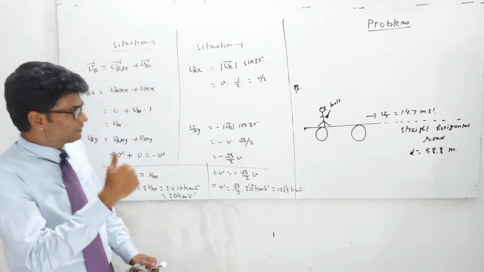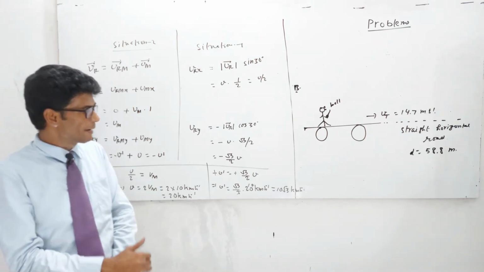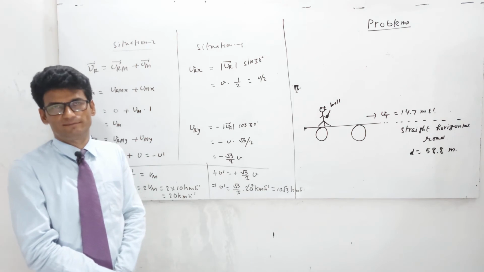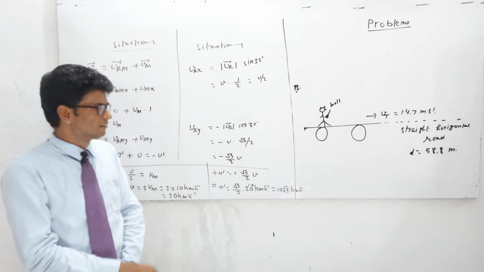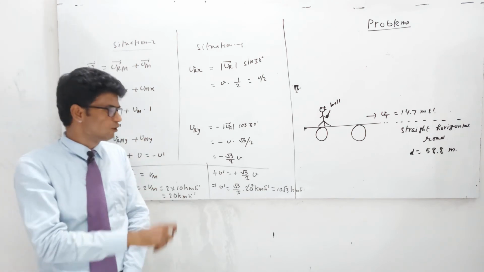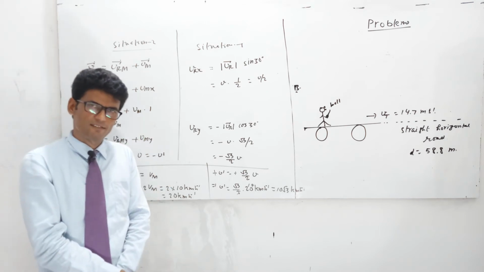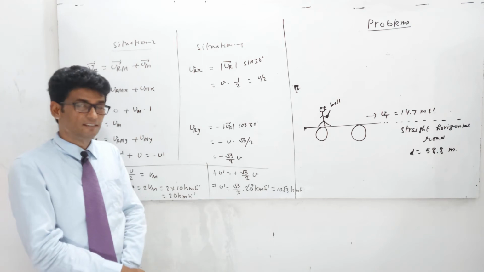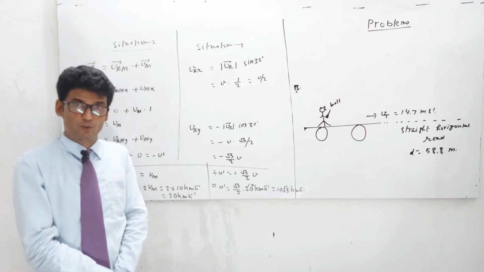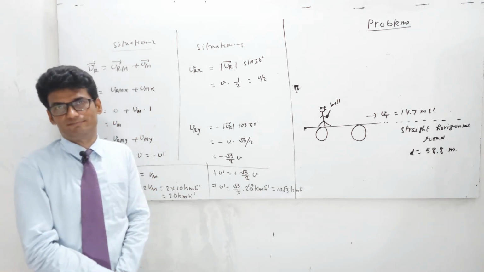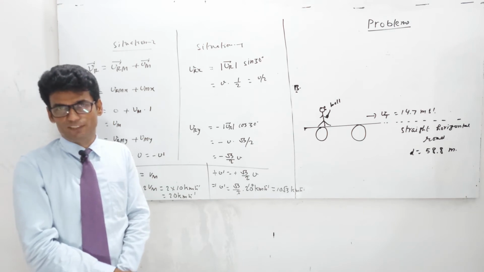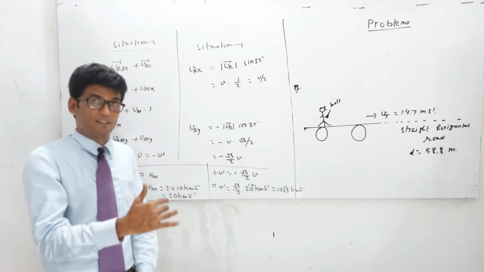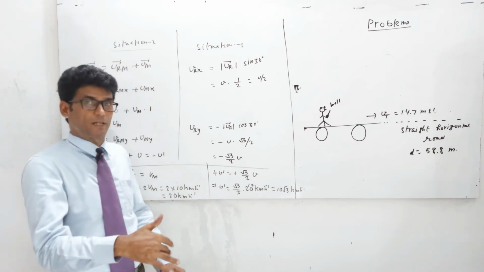Before indulging in that, we have to make certain assumptions. What is the assumption? The height of the person is supposed to be negligibly small, and as well the length of the truck is supposed to be negligibly small. We have to make these two assumptions before indulging in that particular problem.